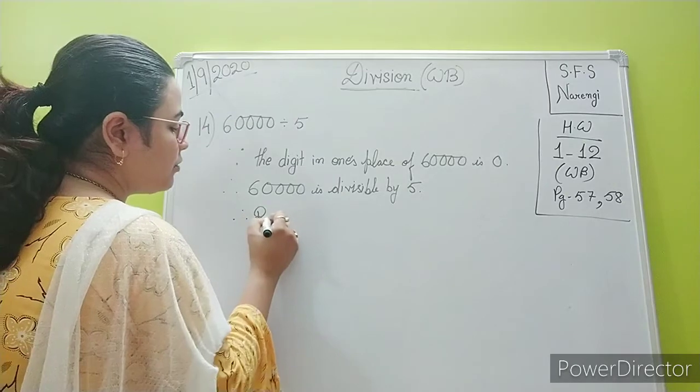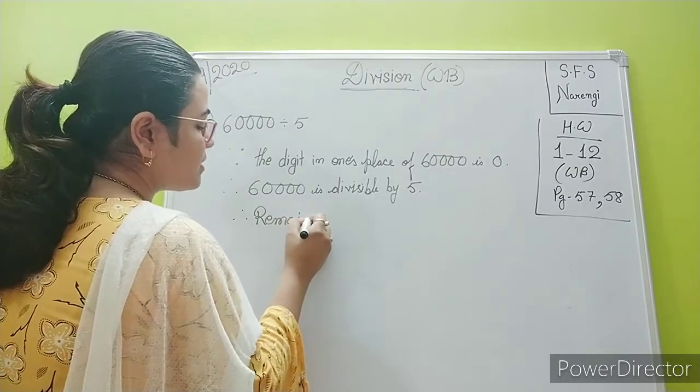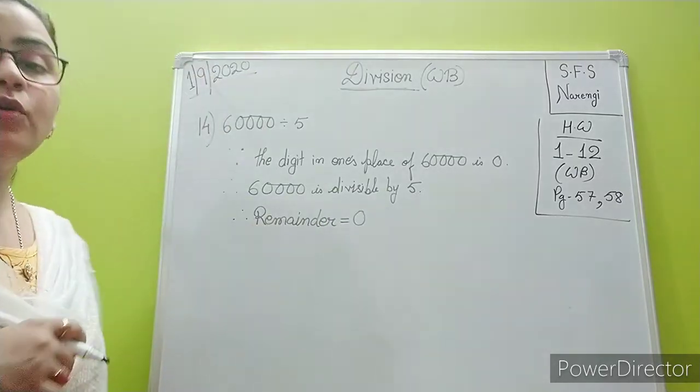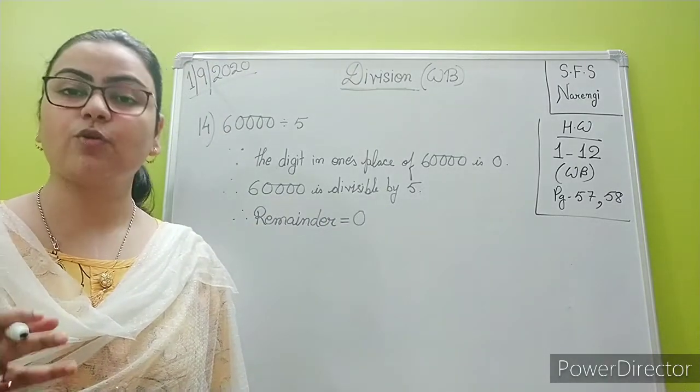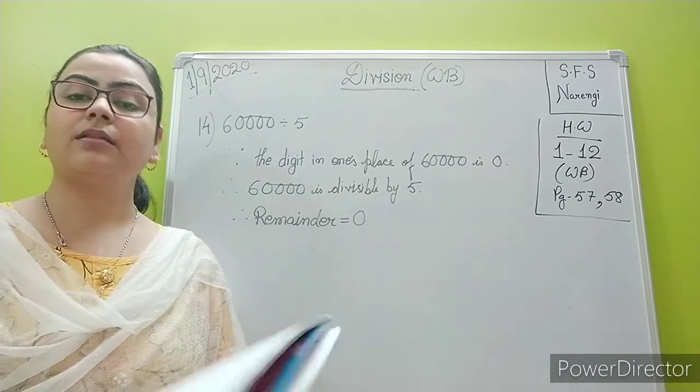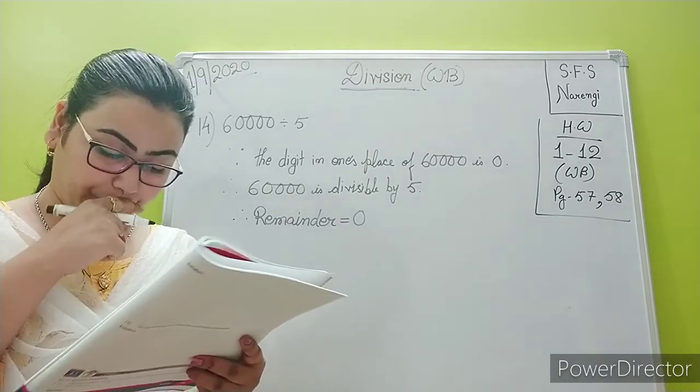Therefore, what will be the remainder if it is divisible, children? The remainder will be 0. We don't even need to do the sum for this. We just know that since it is divisible, the remainder will be 0.